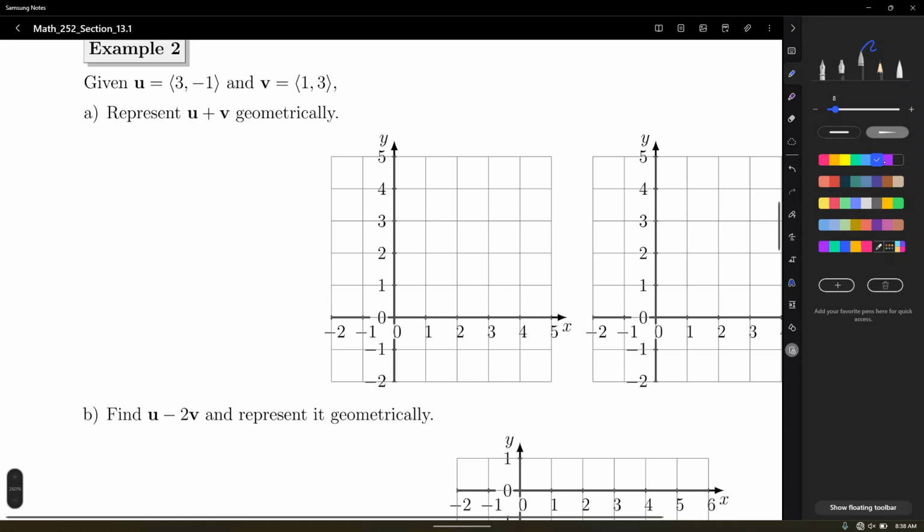So u plus v equals (3, negative 1) plus (1, 3). That is (3 plus 1, negative 1 plus 3). So 3 plus 1 equals 4, and negative 1 plus 3 equals 2.